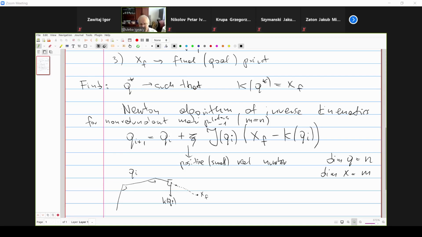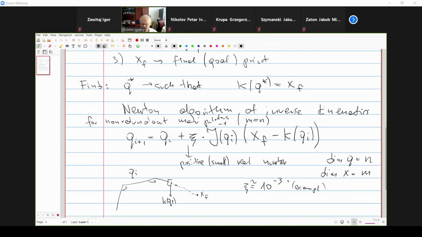If we set xi too big, the behavior could be, and usually is, very chaotic. So we will not move along this line. We can skip, for example, here, here, and here. So it is very dangerous. So usually we take relatively small values of xi. Let's assume, for example, xi is 10 to the minus 3.